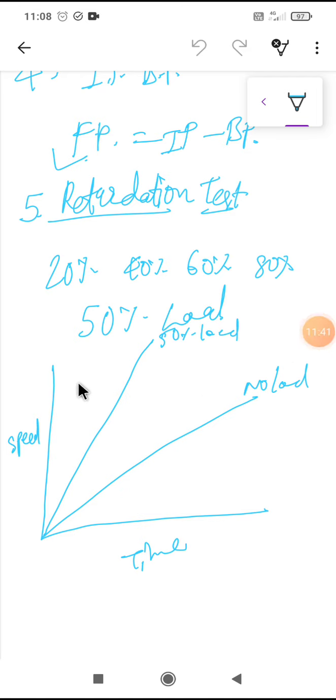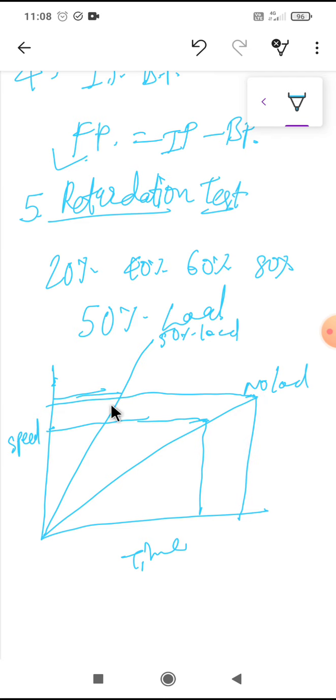Here we can measure how much time is required for the speed to fall. Suppose this speed is around 400 rpm, and here it is 300 rpm. So this fall is of 100 rpm.